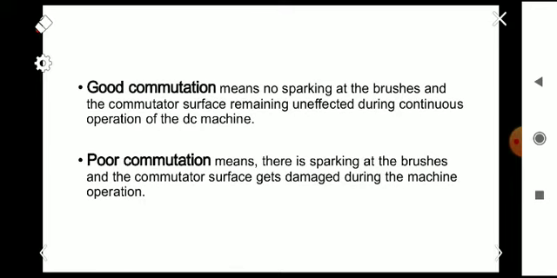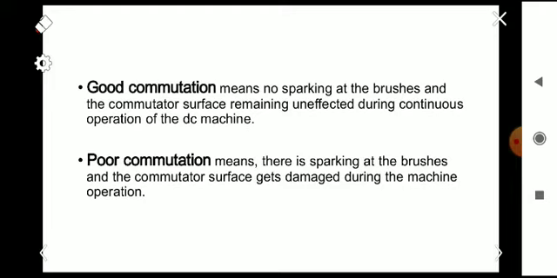That process is called commutation. Good commutation means no sparking at the brushes and the commutator surface remaining unaffected during continuous operation of the DC machine. Poor commutation means there is sparking at the brushes and the commutator surface gets damaged during machine operation.